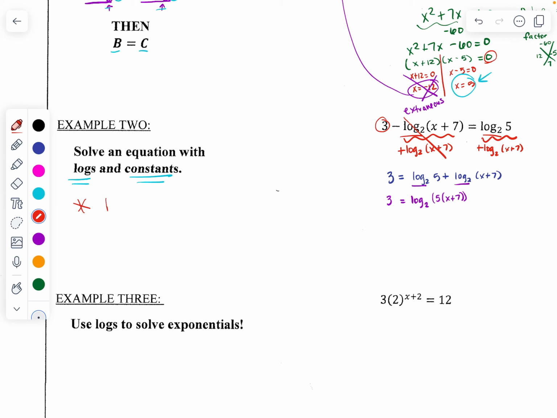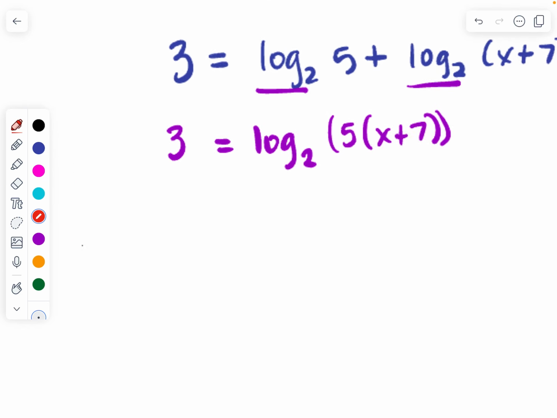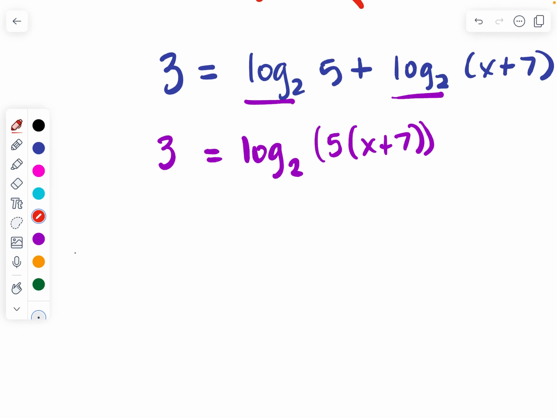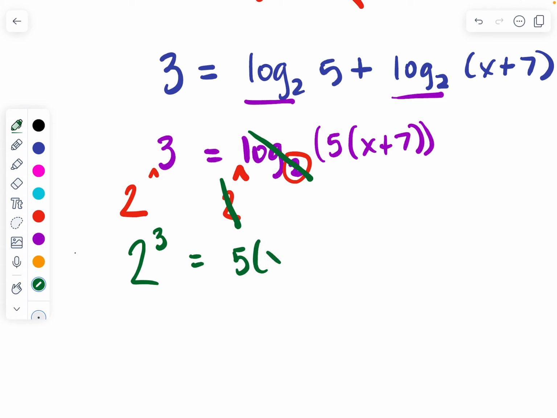In order to cancel the log, we are going to use the identity that if I have a base raised to a power of a log of the same base, that base and that log will cancel. So because I have a log base 2 here, if I raise it to a base of 2, that will cancel out. Whatever I do to one side, I'm going to do to the other. So I'm going to raise both sides by a base of 2. So these now cancel. So this is 2 to the third equals 5 times x plus 7.